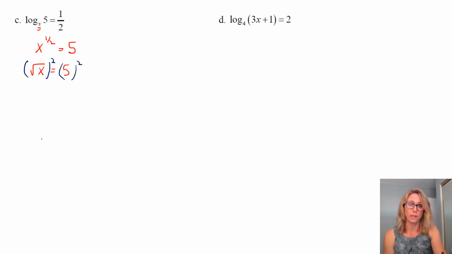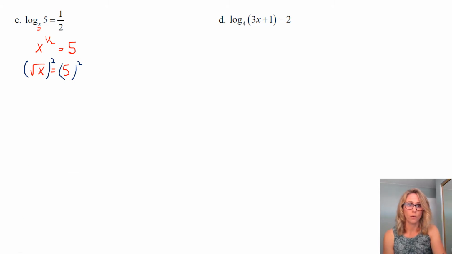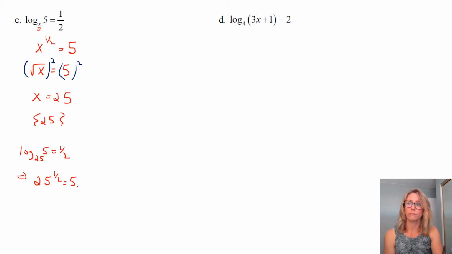So we're going to square both sides, and we get x equals 25. No need for the calculator there. Understand that what it's saying is log base 25 of 5 equals 1/2, and that is saying 25 to the 1/2 equals 5, which is true because that's the square root of 25.